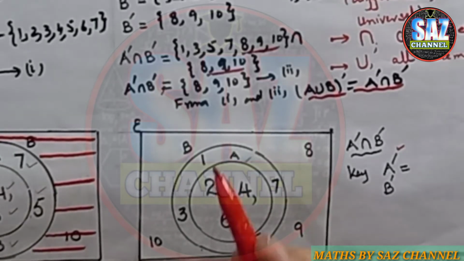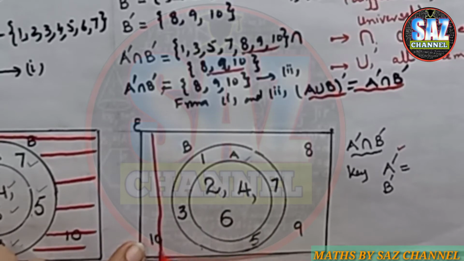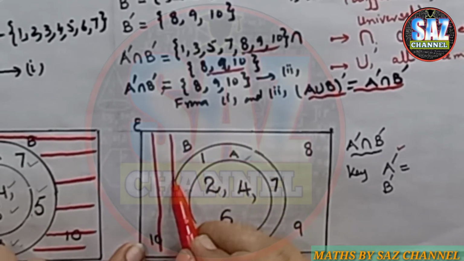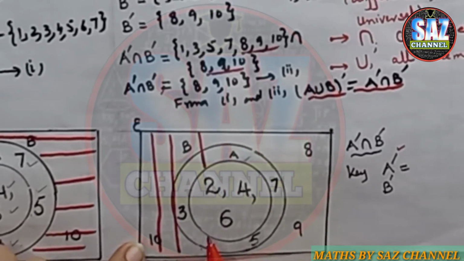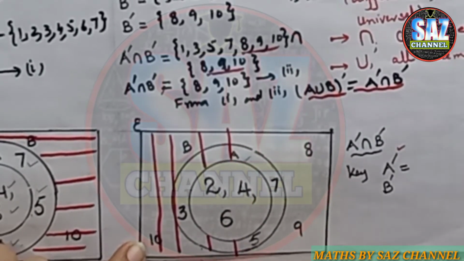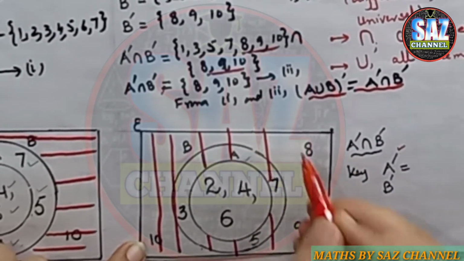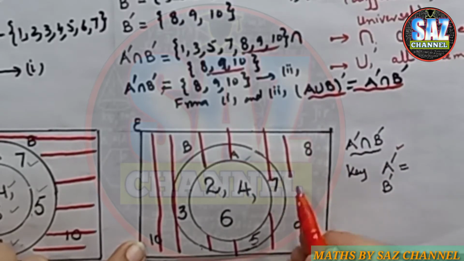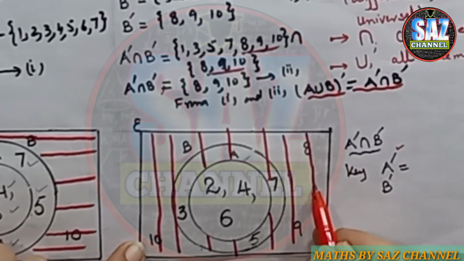I will be shading over here, universal minus A, I do not have to touch set A. I have to remain outside this set, and it can contain some portion of set B and some portion of universal.